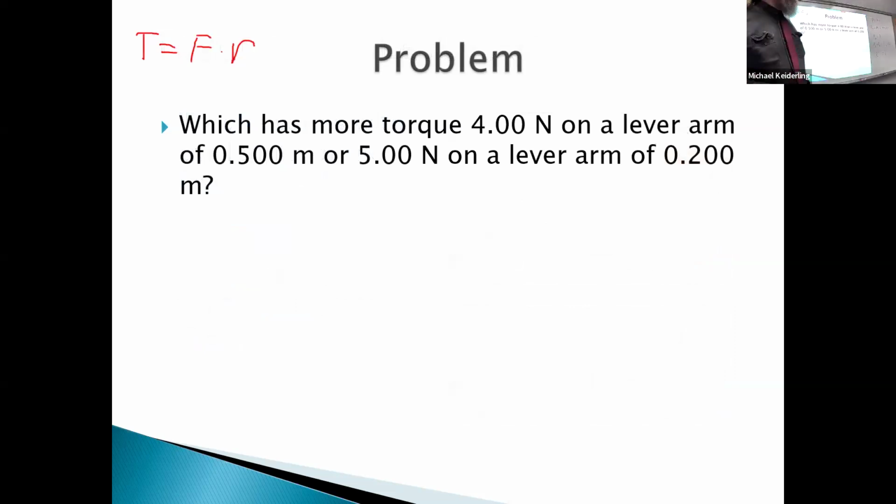So which has more torque? 4 newtons on a lever arm of 0.5 meters or 5 newtons on a lever arm of 0.2 meters? Remember, torque is force times radius.